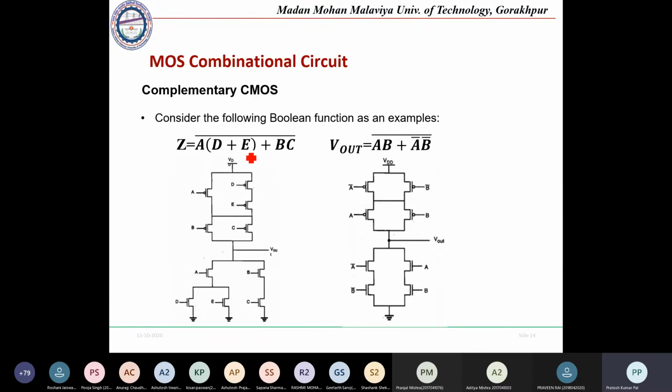In case of NMOS implementation, we can represent this as follows: suppose this whole term is represented by P, then it is P plus, and suppose this is K.